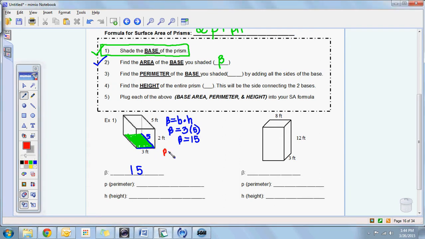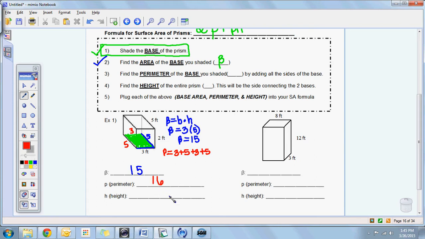So the perimeter is going to be 3 plus 5. And remember, rectangles are the same, so if this is 3, then this is 3. And if this is 5, then this is 5. Okay? So 3 plus 5 plus 3 plus 5. I have 4 sides of this rectangle. So 3 plus 5 plus 3 plus 5 is going to give you 16.